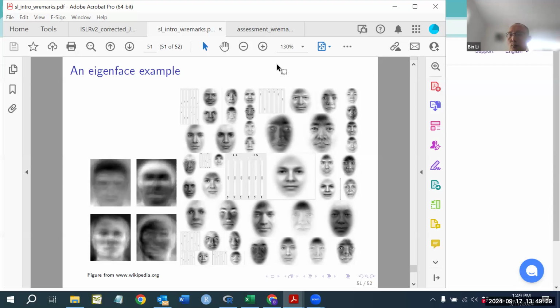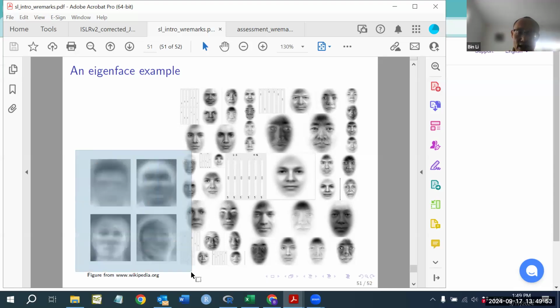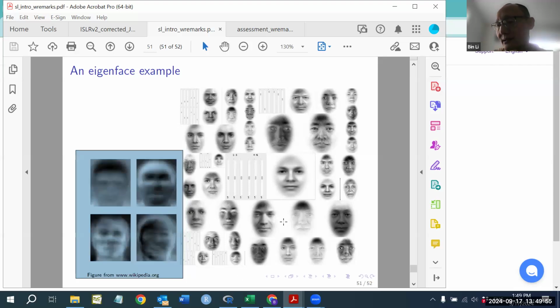Okay, so you can represent each subject through an image. So we will have 1 million images, right? Or we can do it in a more efficient way. Instead of representing each image by itself, we can have some eigenfaces, like here on the left side. So these are the bases for the images of faces.